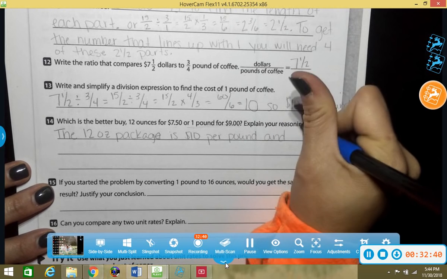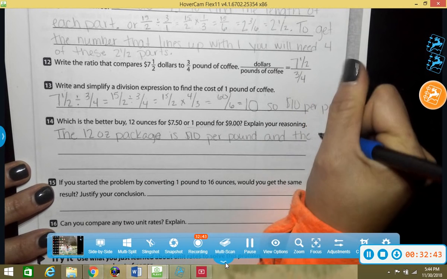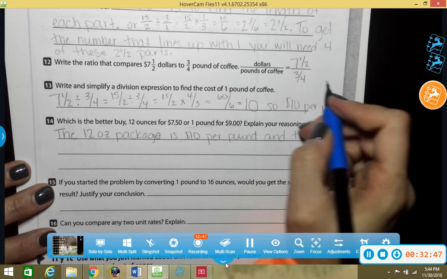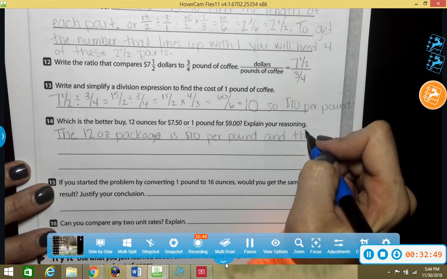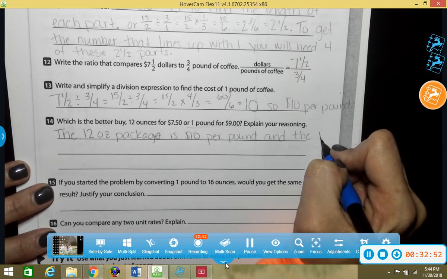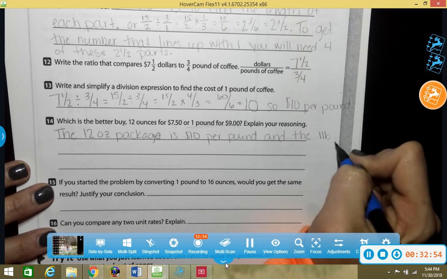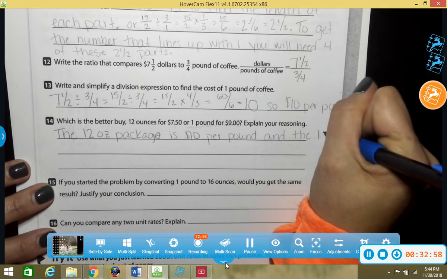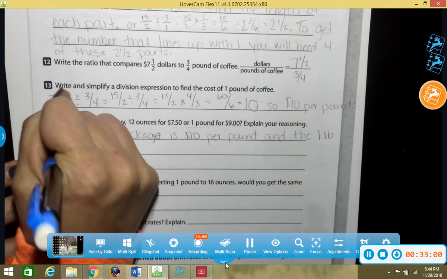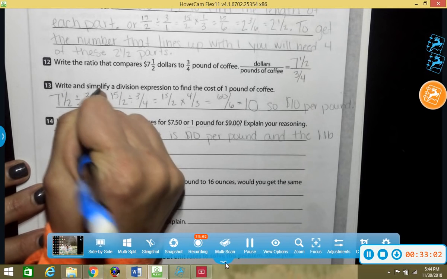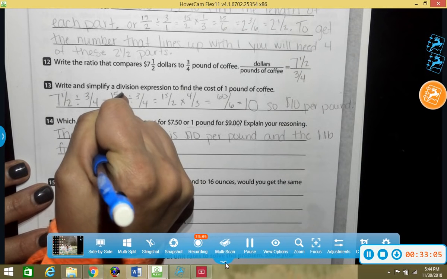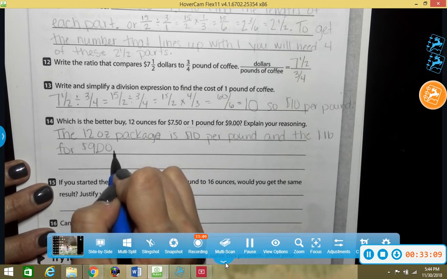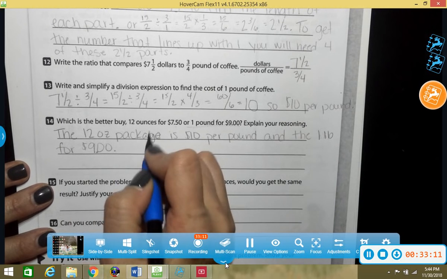And the other one is the 1 pound package for $9. So which one is the better buy?